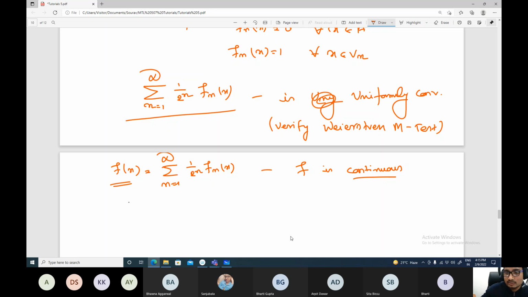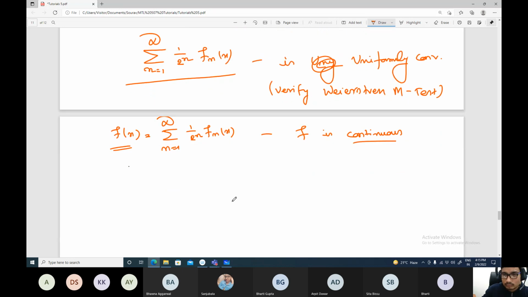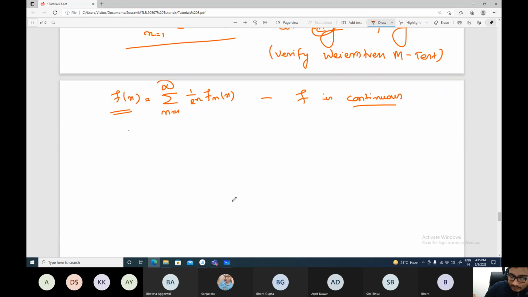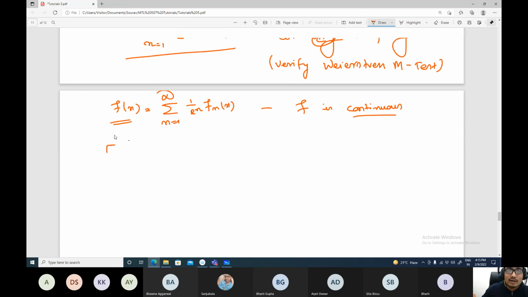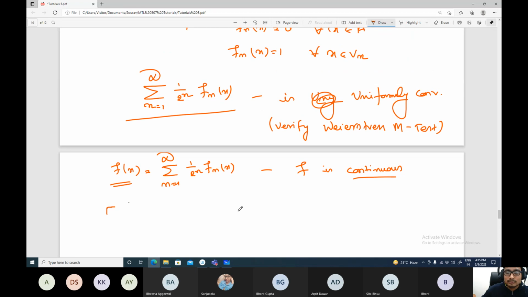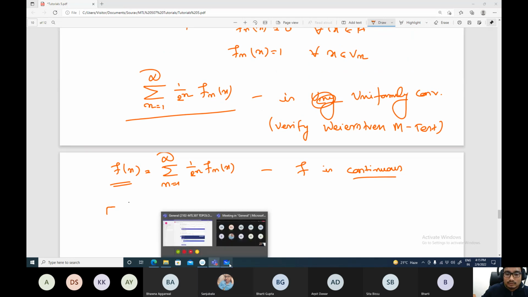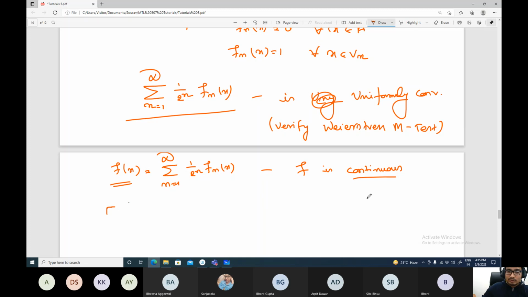If each term is continuous, then the sum function has to be continuous. Are you getting this? If you are not getting it, please ask. Anyway, now this f is continuous.